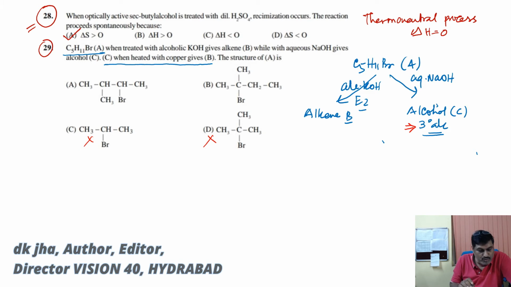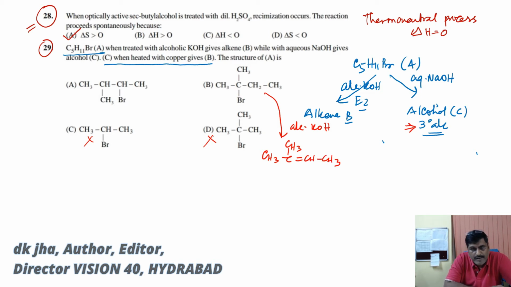In this case, one thing you be clear that we are getting B option. Here also A can be, you understand this one, alcoholic KOH will give a double bond, right? If we take here NaOH, then it can give the secondary alcohol also. Is it correct or not? So there is some suspicion in the case of A, and B is the best option, because suppose this one is treated with alcoholic KOH, what will that give? That will give CH3 C CH3 double bond CH and CH3, right?